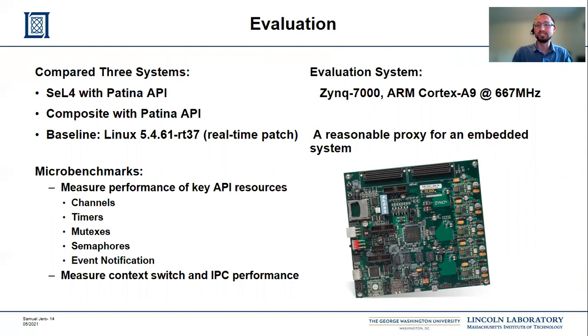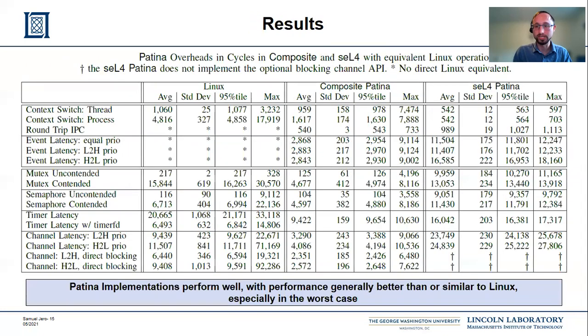Our evaluation system is a Zynq 7000, which is a reasonable proxy for lots of the kinds of systems we're seeing in embedded devices. We do a micro benchmark evaluation of key performance metrics for several of the API resources, as well as evaluating key performance indicators of microkernels in general.